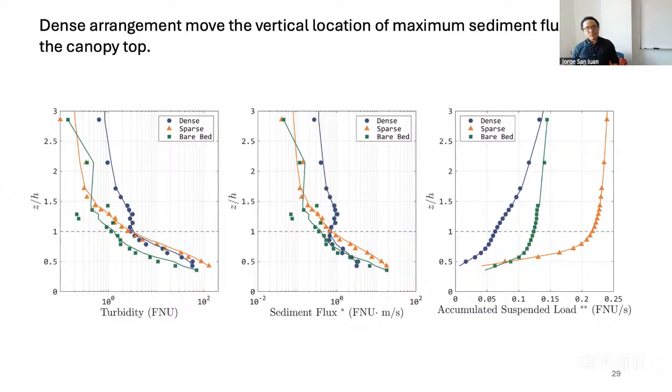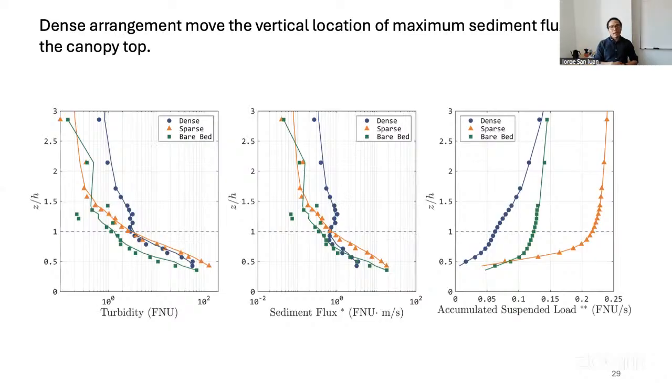That part, based on observations, seems to be related to the fact that a more constrained space in between forces the sediment to shoot above the oysters. Whereas when we have more space in between the oysters, the sediments are more freely moving in between the oysters.